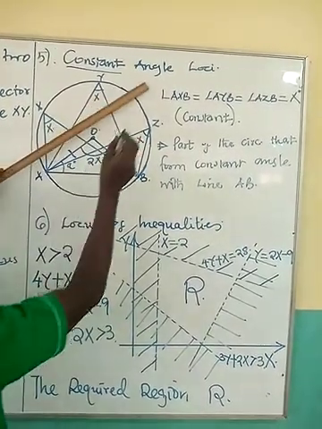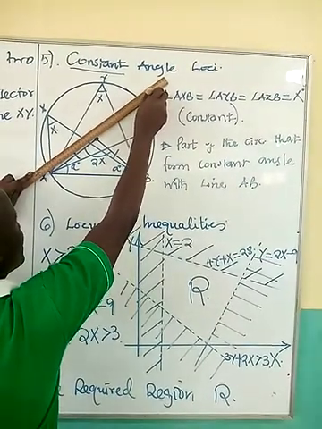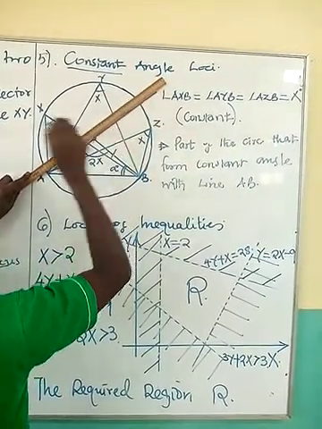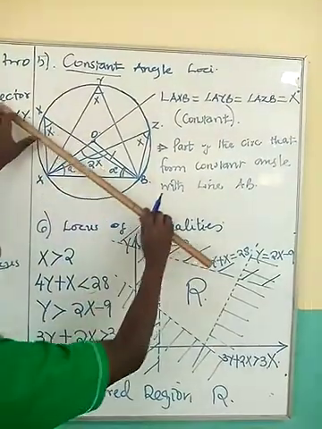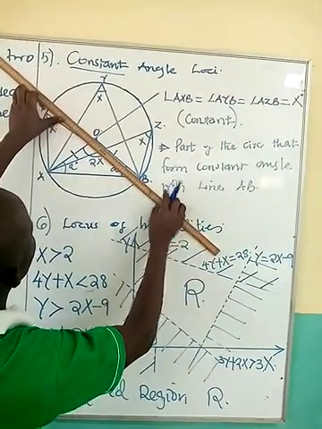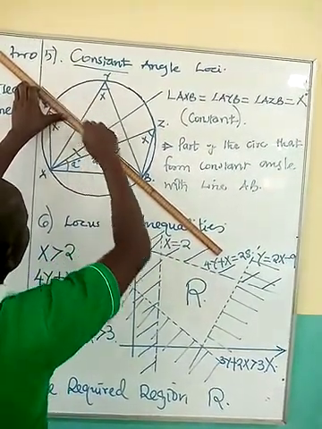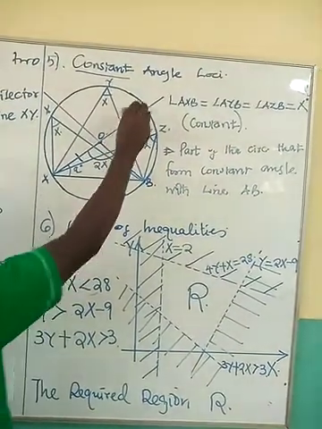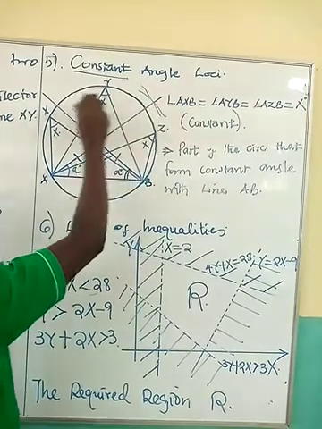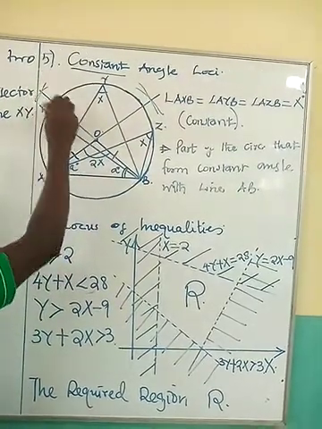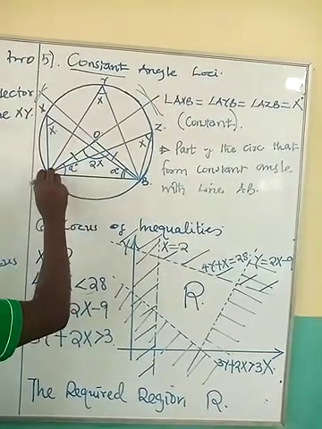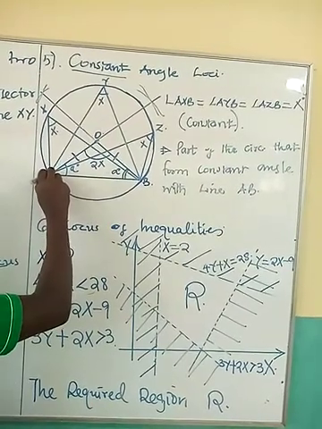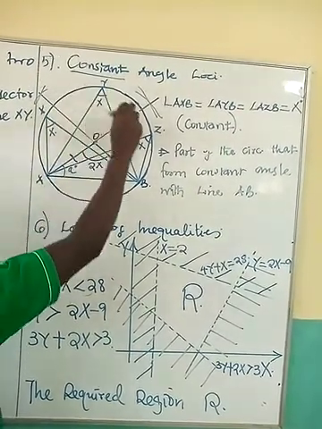I'll construct this angle and this angle. And then my line of construction will be extended. And also my line of construction on this other side will also be extended. Where the two lines meet, I'll stand at this point, adjust my pair of compasses to A, then I construct my locus.